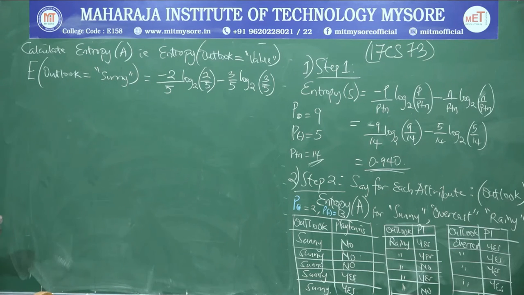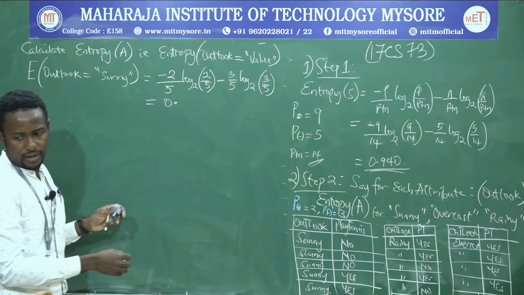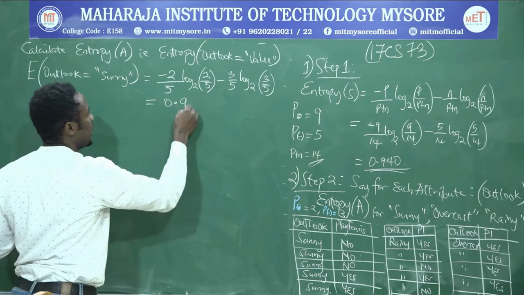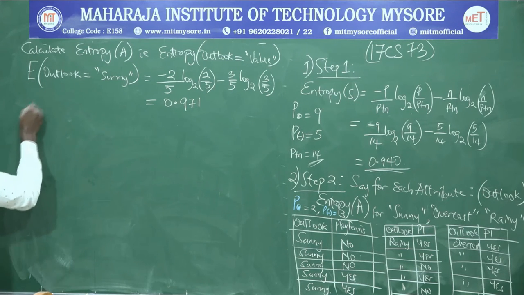Grab your calculator and evaluate this quickly. It boils down to 0.971.